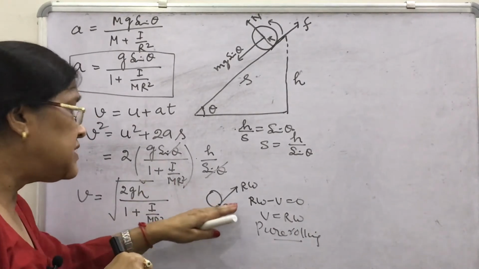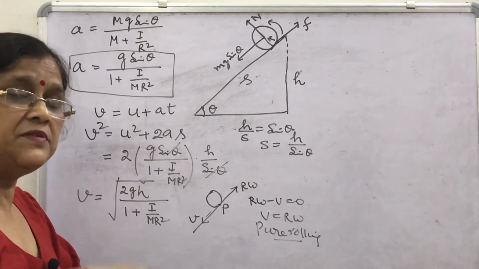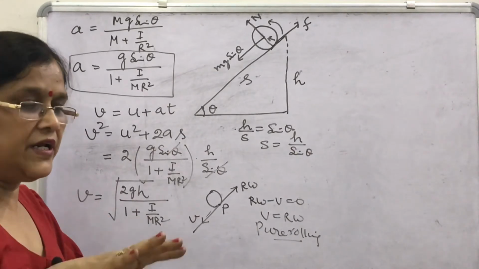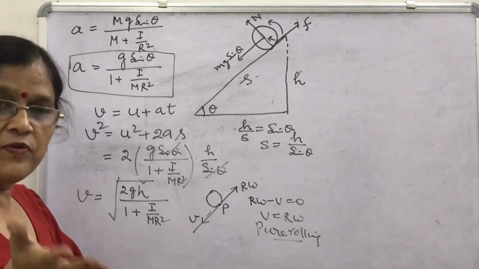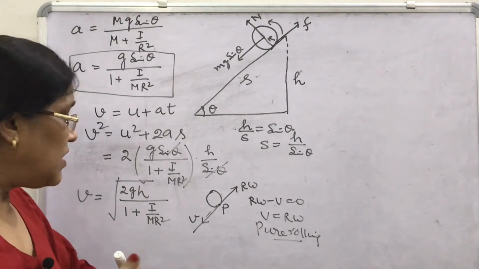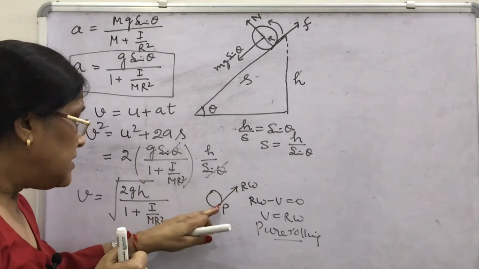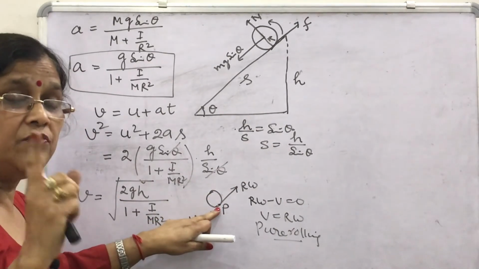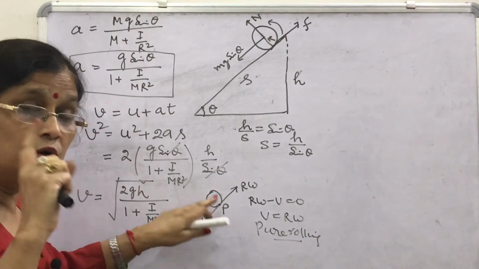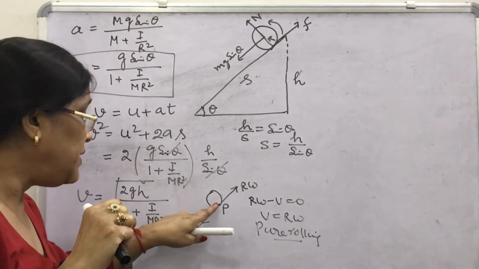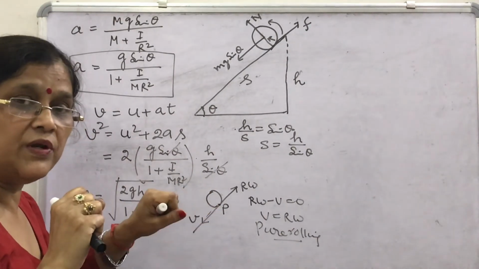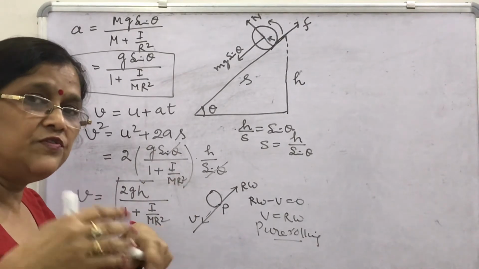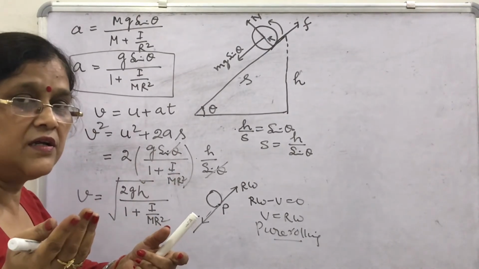Which type of friction is this? We have seen static friction, kinetic friction, so which type of friction? Look, since there is no relative velocity, the lowermost point is supposed to be at rest for pure rolling. Then at rest, which friction? Static.